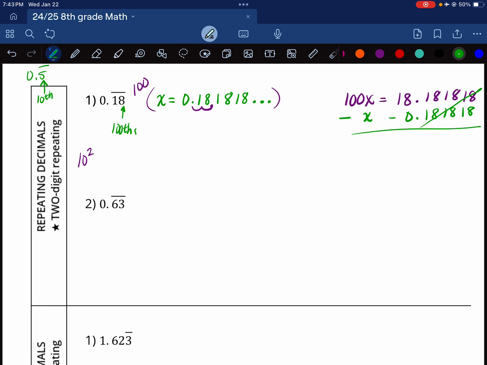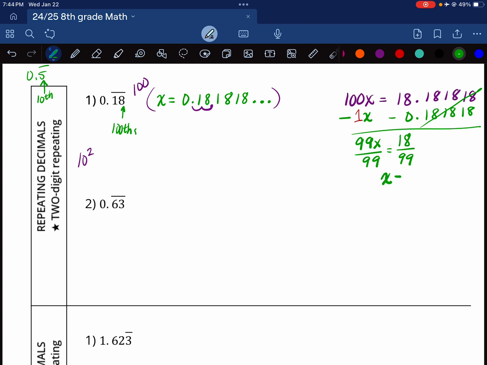So now I have 18 on the right. 100x minus, how many x's? 1x, and we have 99x. So solve for x, divide by 99, divide by 99.